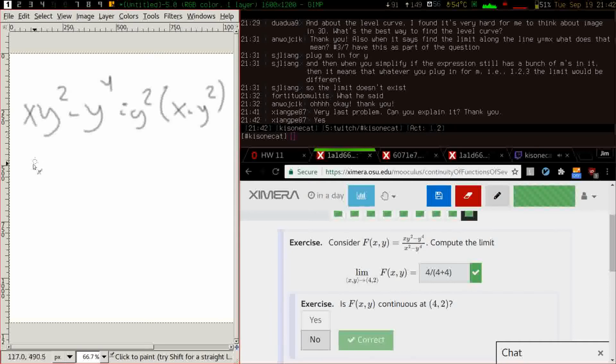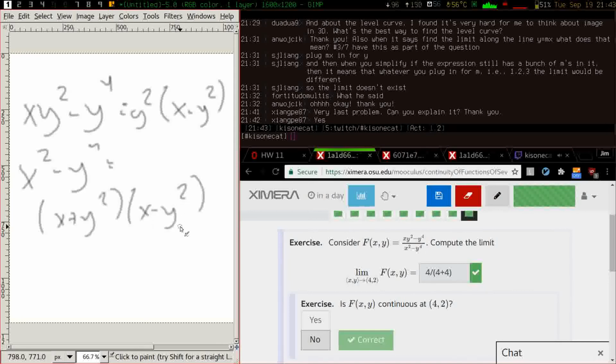And then more dramatically, the denominator, x squared minus y to the fourth, well, that factors as a difference of squares. It's x minus y squared times x plus y squared. I've written that so terribly. Let me try that again. So it's equal to x plus y squared times x minus y squared.